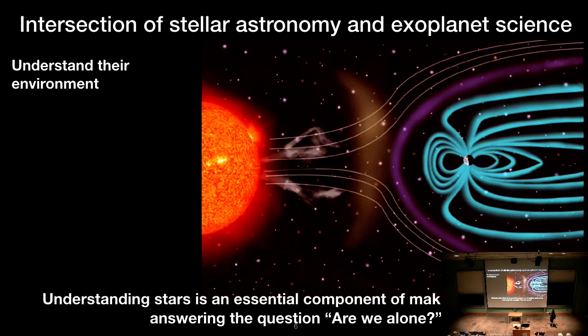And so one of the central underlying themes to the work that I'm going to be talking to you about today centers on this fact that we really need to understand stars as an essential component of trying to answer this question, are we alone? That astronomers, astrobiologists are all really excited about doing.